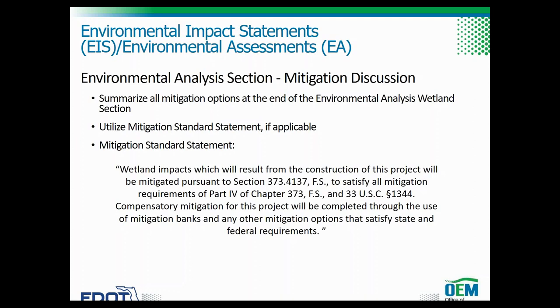Wetland impacts which will result from the construction of this project will be mitigated pursuant to Section 373.4137, Florida Statutes, to satisfy all mitigation requirements of Part 4 of Chapter 373, Florida Statutes, and 33 U.S.C. Section 1344. Compensatory mitigation for this project will be completed through the use of mitigation banks and any other mitigation options that satisfy state and federal requirements.